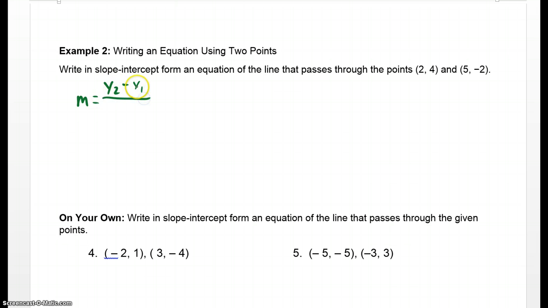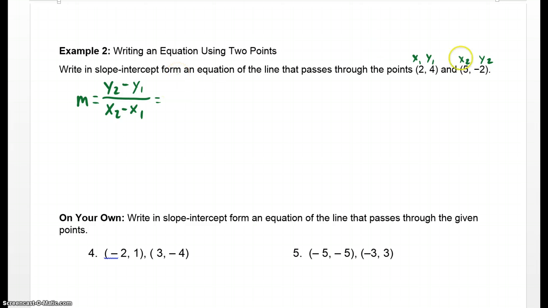The change in y over the change in x. Let's label x1, y1, x2, y2. I just call this one the 1s because it's the first point, and this one is the 2s because it's the second point. You could switch those around if you wanted to.